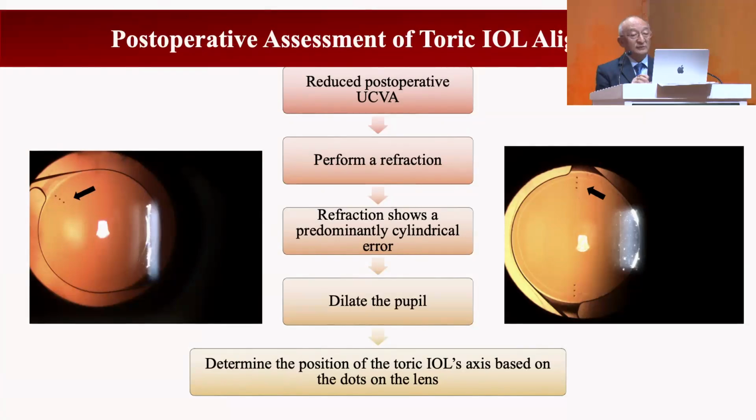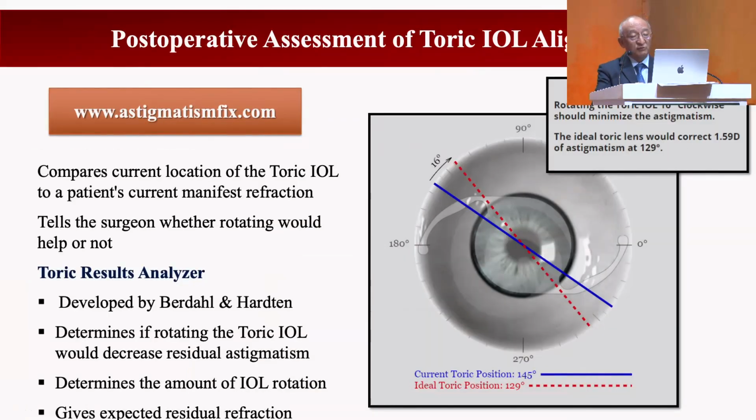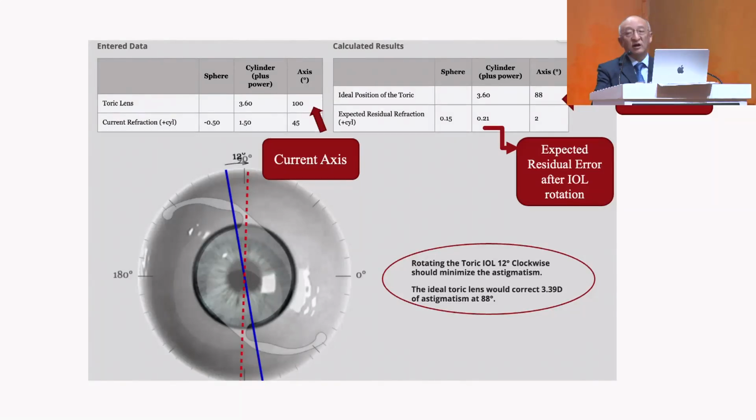And before that, look for the uncorrected visual acuity, perform refraction, and note the refractive cylinder. Now dilate the pupil, see what is the new orientation of the lens and what was your corneal cylinder. That is the rotation required for this patient also. You have various software which can guide you to rotate and how much correction can be done.